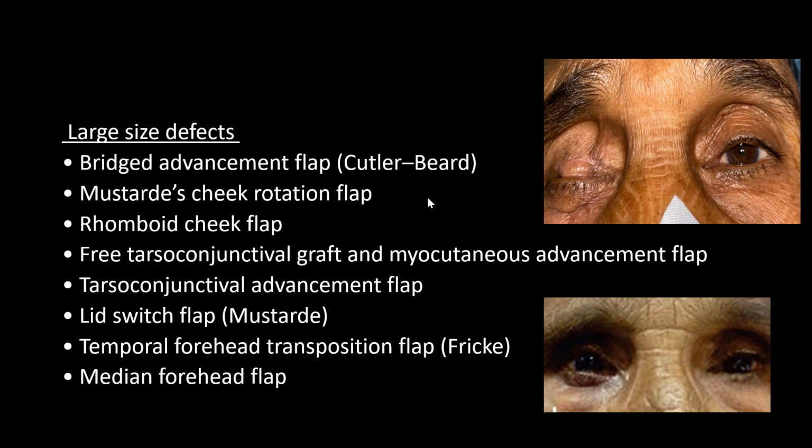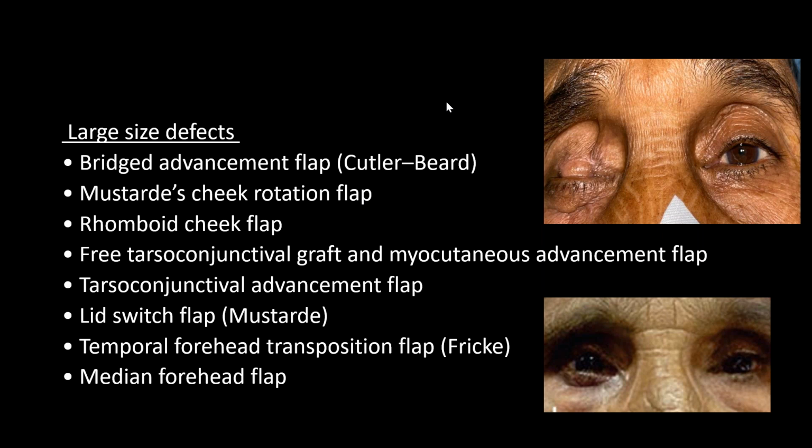In Cutler-Beard, you can see that the two lids are now approximated. The upper lid has gone under a bridge of the lower lid and been sutured to it. In the second one, we've created a plane between the two after the surgery, so the lids get separated, and it gives a very good cosmesis.